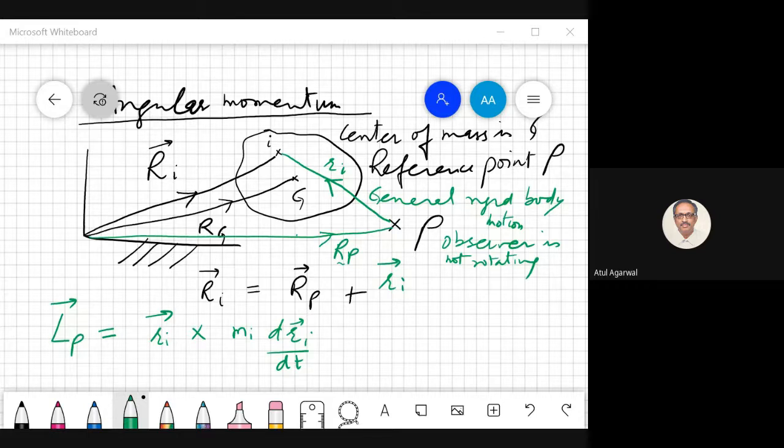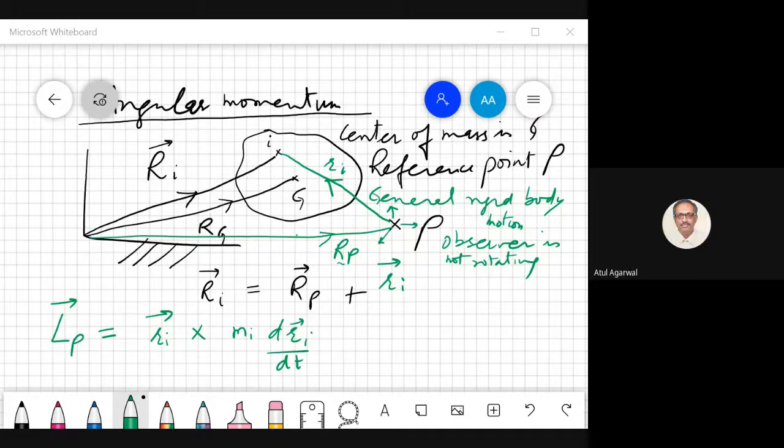Suppose you assume there is a coordinate system here. So these coordinate directions are not rotating, but this origin may be translating. Whatever is the velocity of the point P at this point of time, the observer is allowed to have that velocity, but he is not allowed to rotate. Any problem? No, sir.